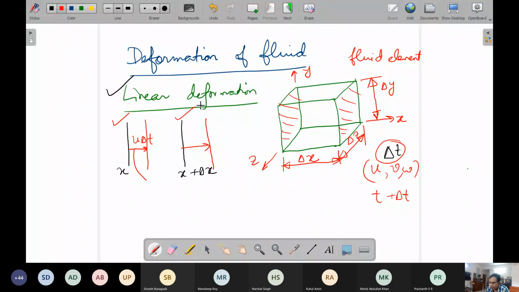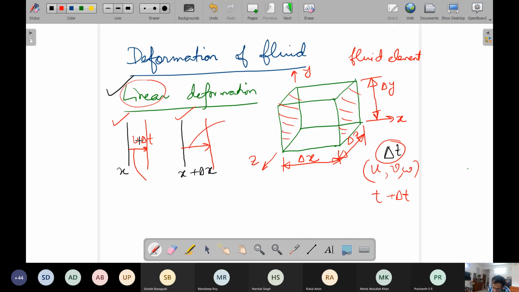And that local change is important because this local change is something that is actually giving rise to linear deformation, not a time dependent change. So local change we cannot ignore. If we ignore the local change, then that means there is no linear deformation.